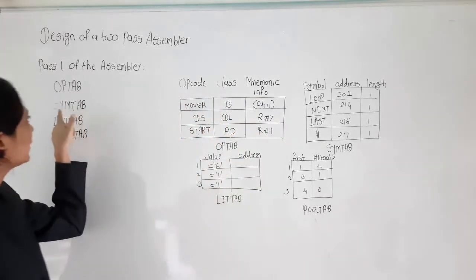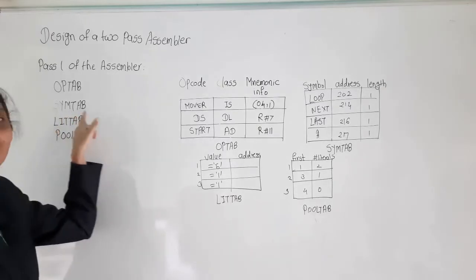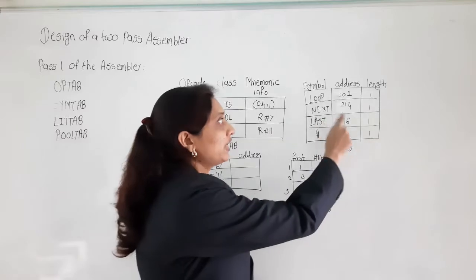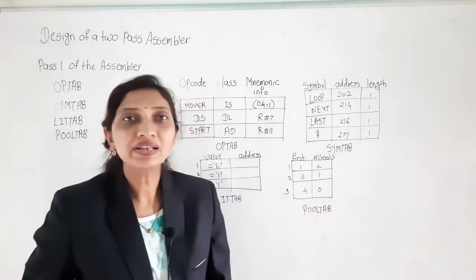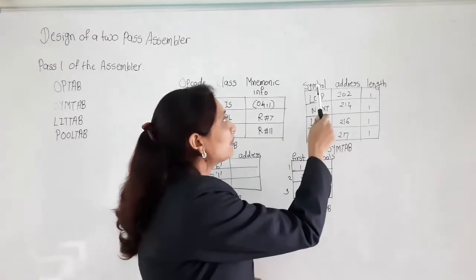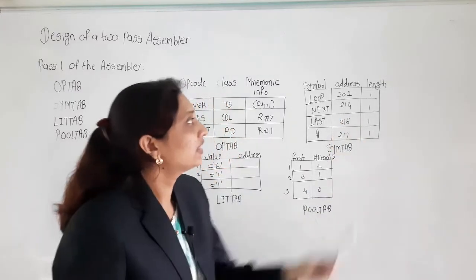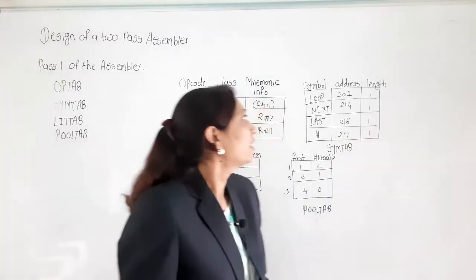The second one is the most familiar table, the symbol table. The symbol table contains three fields: the first is symbol, the second is address, and the third is length.